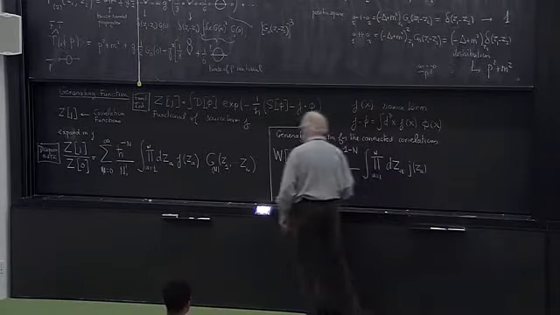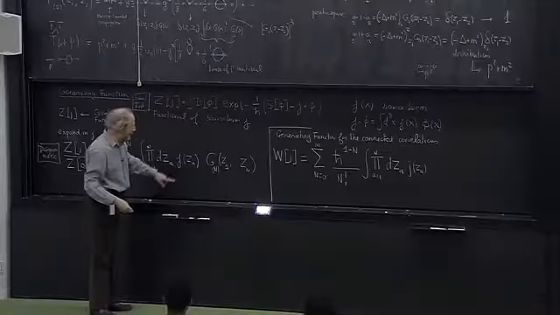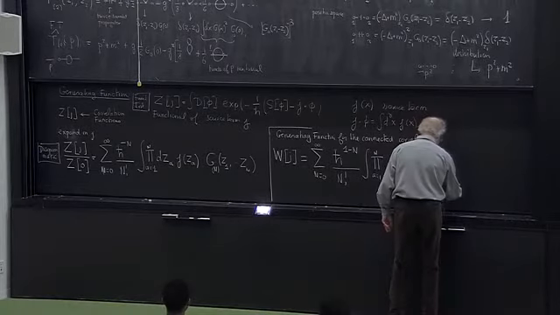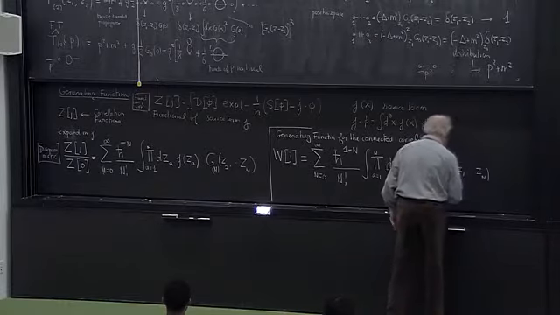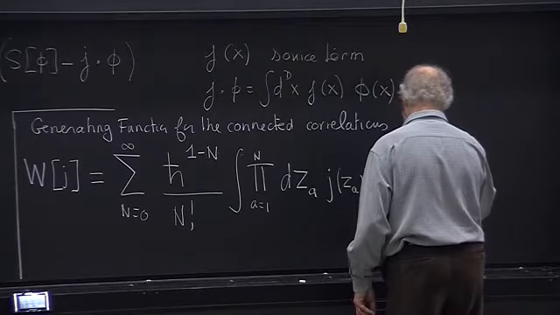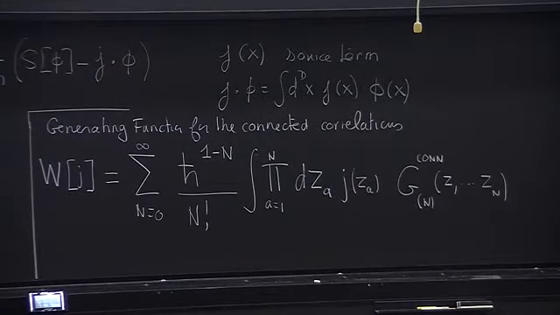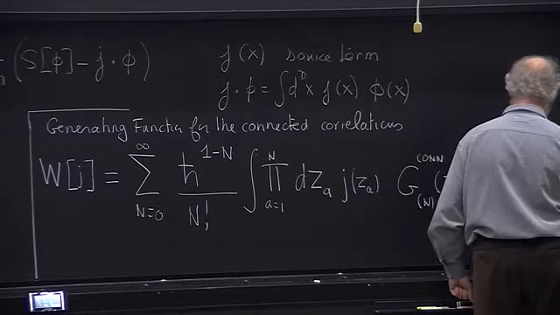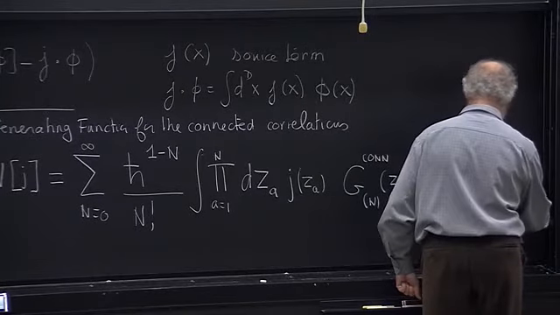So this is a polynomial of degree n in g, because there is one g per A. And then I simply replace the complete correlation function by the connected correlation function. So this is a diagrammatic definition.